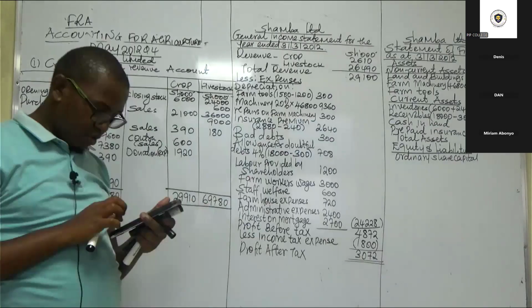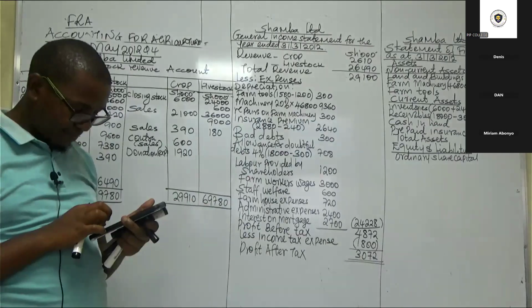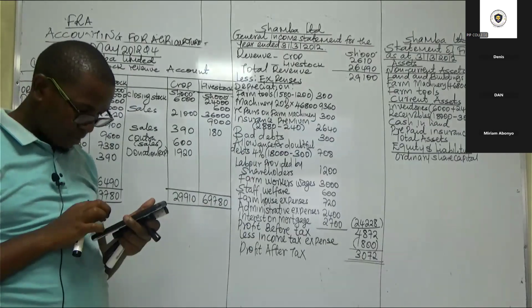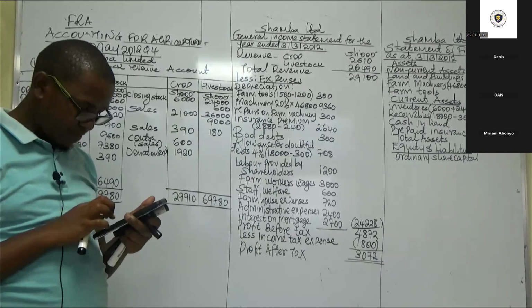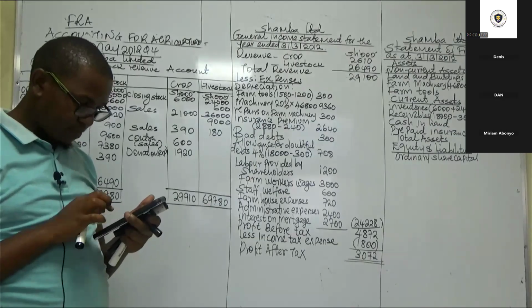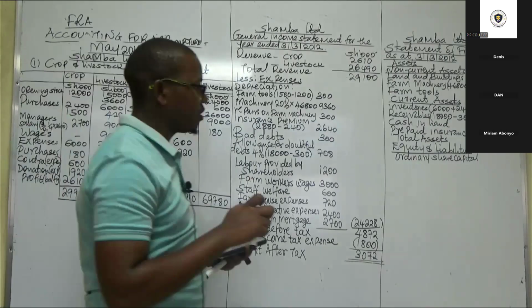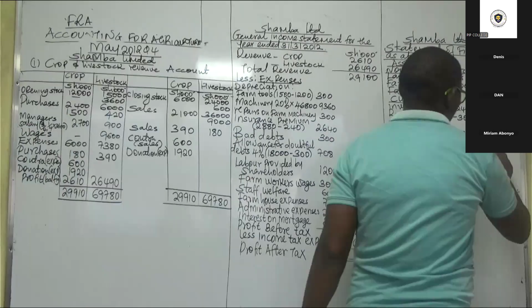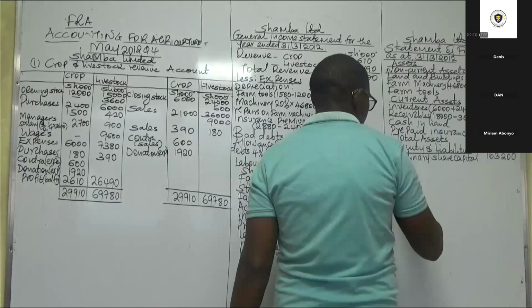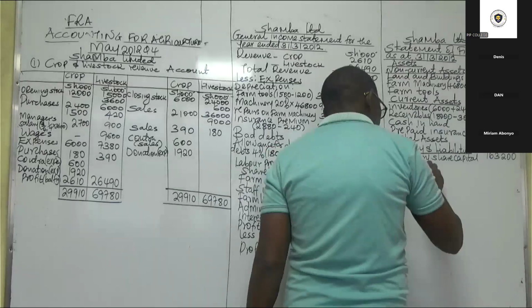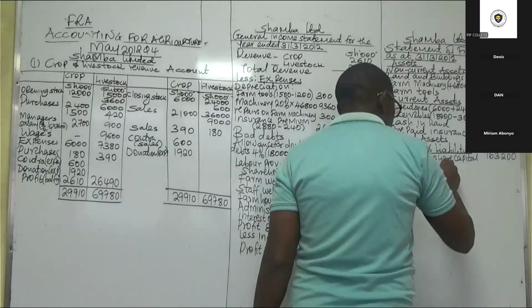You look from the second line there, it was of how much? 260,163,200. We also have the retained profits. Now, retained profits increases our capital.